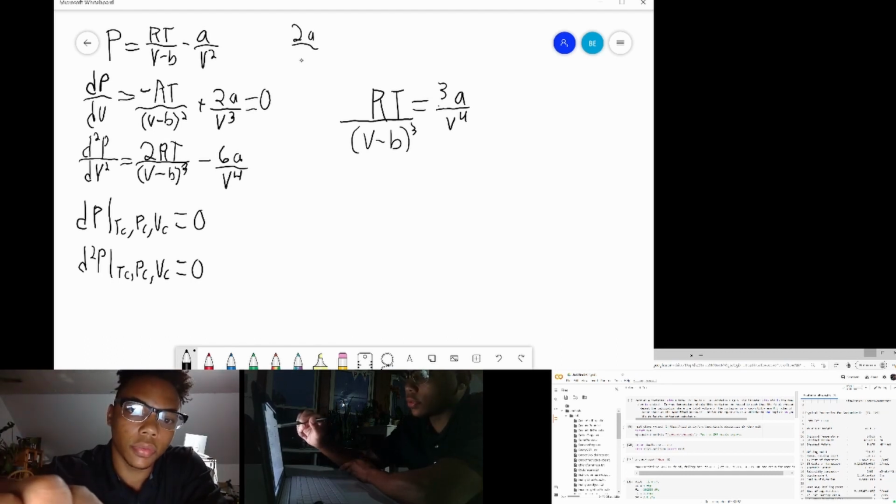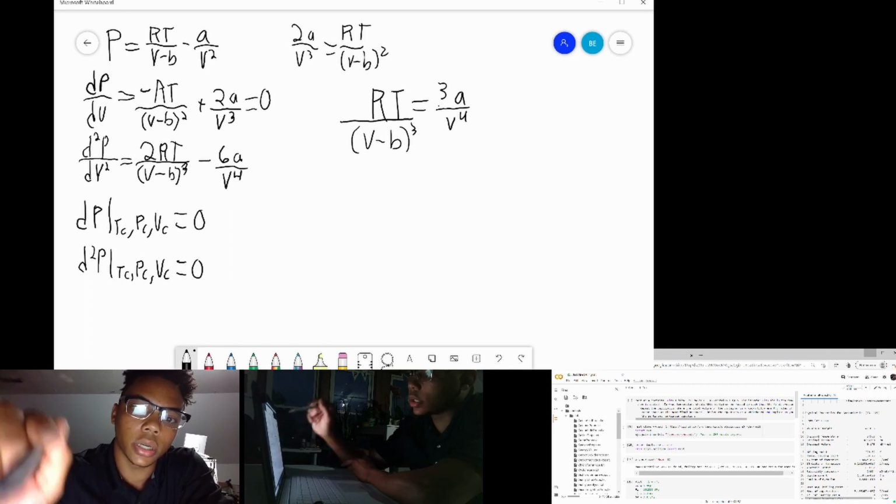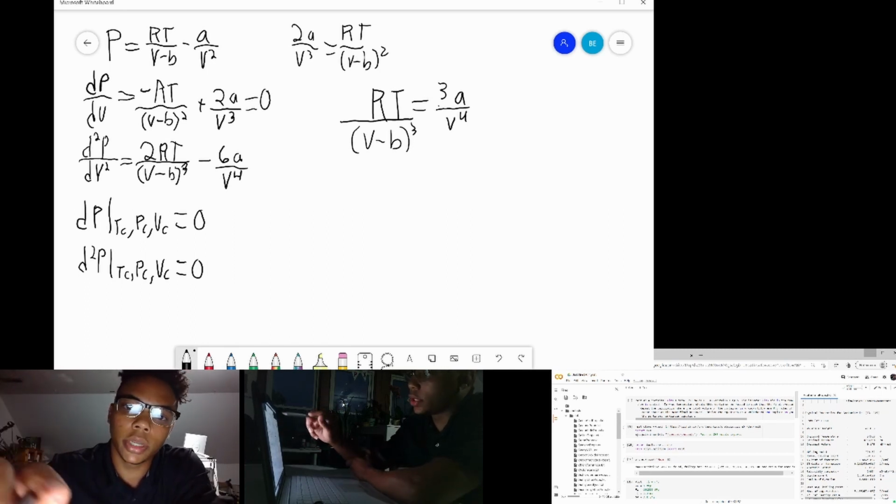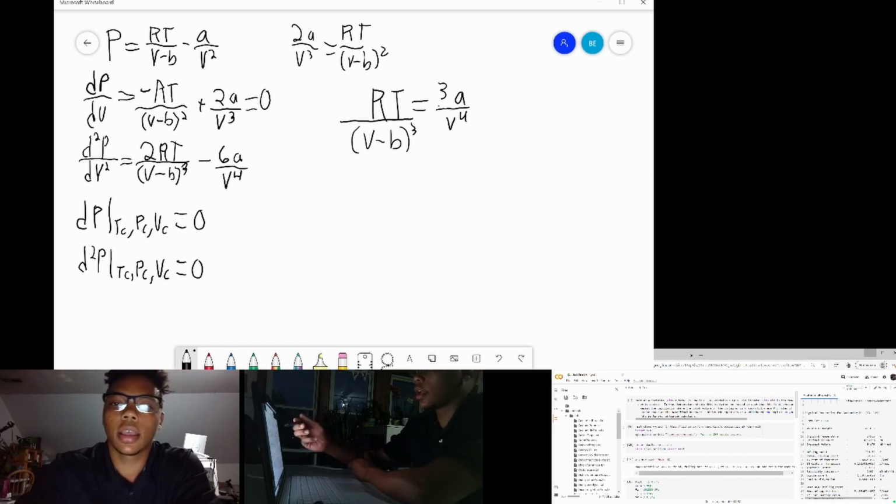But what we can do is 2A over V cubed equals RT over V minus B squared. So what we get to do is we get to take each of these and multiply by its respective side.